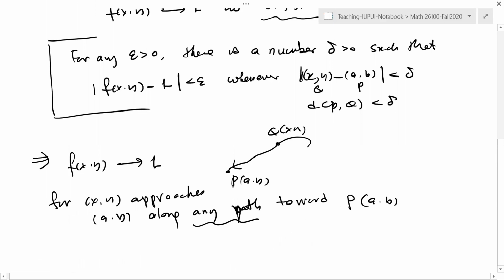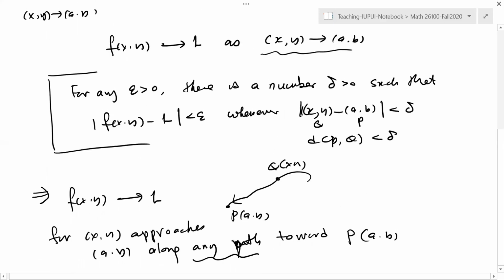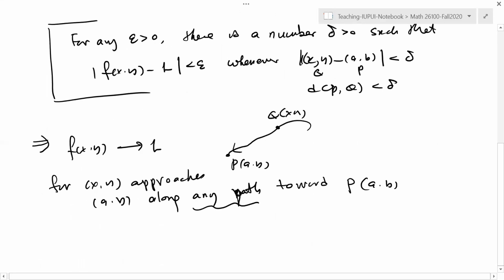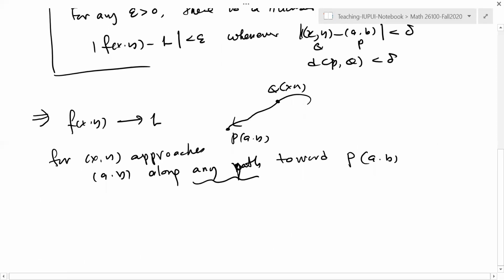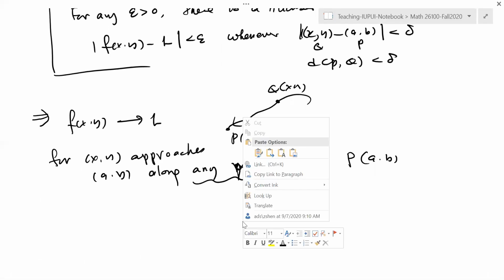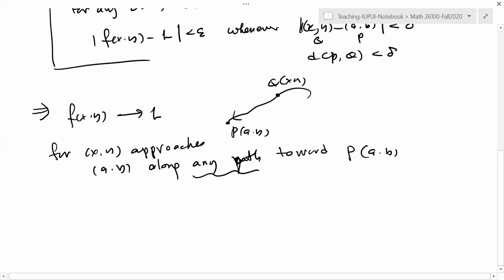If along all the directions, when the point Q approaches P, f of Q approaches L, then of course along any particular path that works. And so if this is not guaranteed, then the limit doesn't exist, okay?